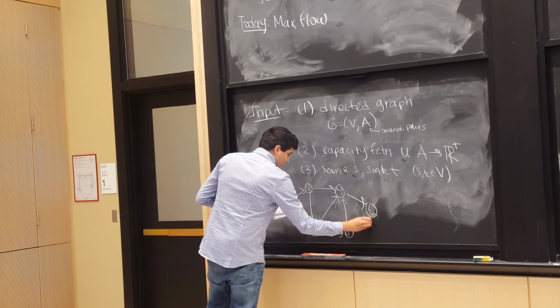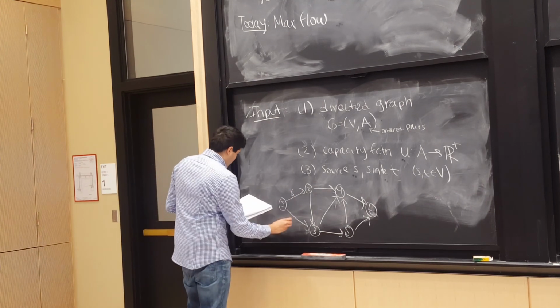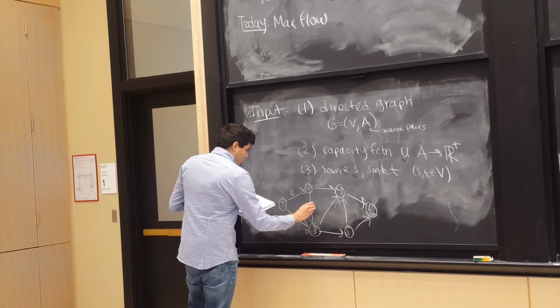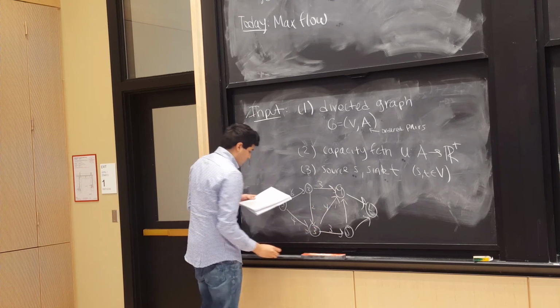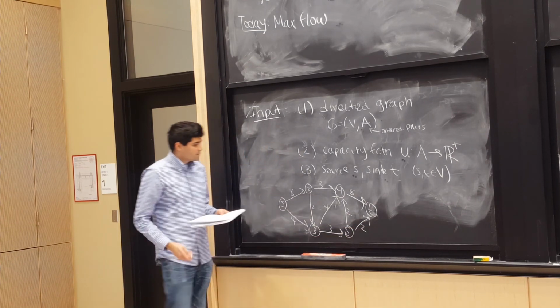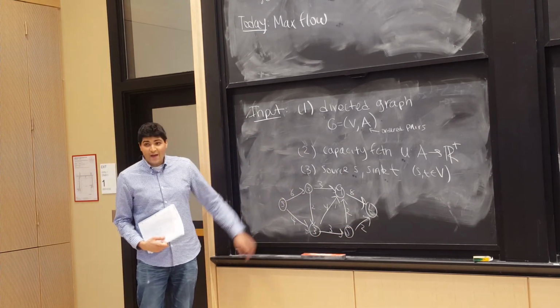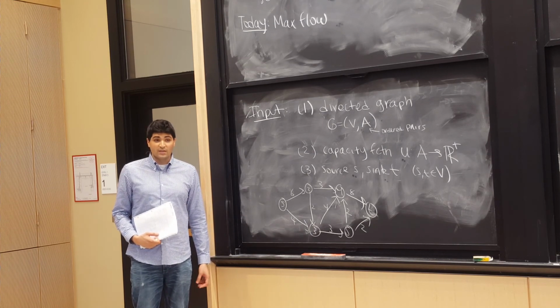We've got our special source and sink, and along each one of these edges we've got different capacities. We're not really going to study this example in too much detail, but I thought I'd at least draw something to show you what these things can look like and in general how you can write them. These different values along the edges are just the annotations of what the different capacities are.